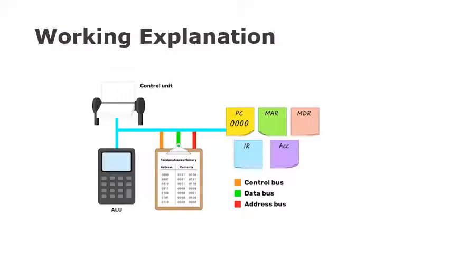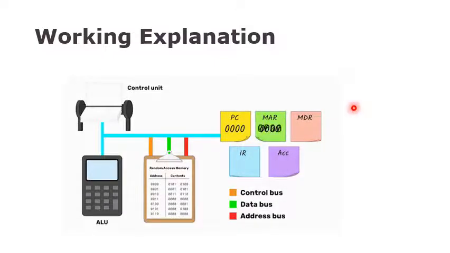The computer needs somewhere to store the current address in the RAM that it is looking for. So this is what the memory address register is for. So 0000 is therefore copied to MAR. A signal is now sent down through the address bus to RAM.